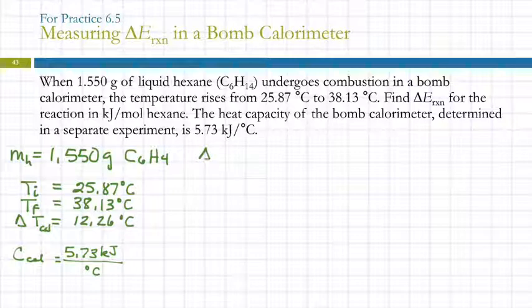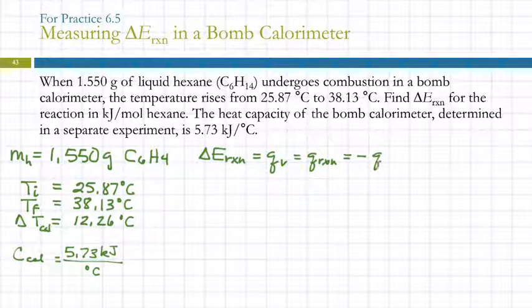So what we know here, we're trying to find delta E for the reaction. That's going to equal Q at constant volume, which equals Q for the reaction. The reaction is giving off heat. The heat is going into the calorimeter. So this equals negative Q for the calorimeter.